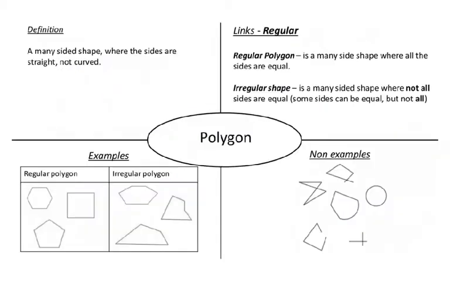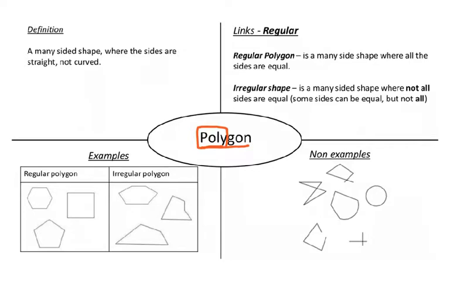The second part of the worksheet you've got today talks about polygons. Poly means many. A polygon is a many-sided shape. You will have heard the prefix poly in other terms. Polygamous is someone who is in a relationship with more than one person.